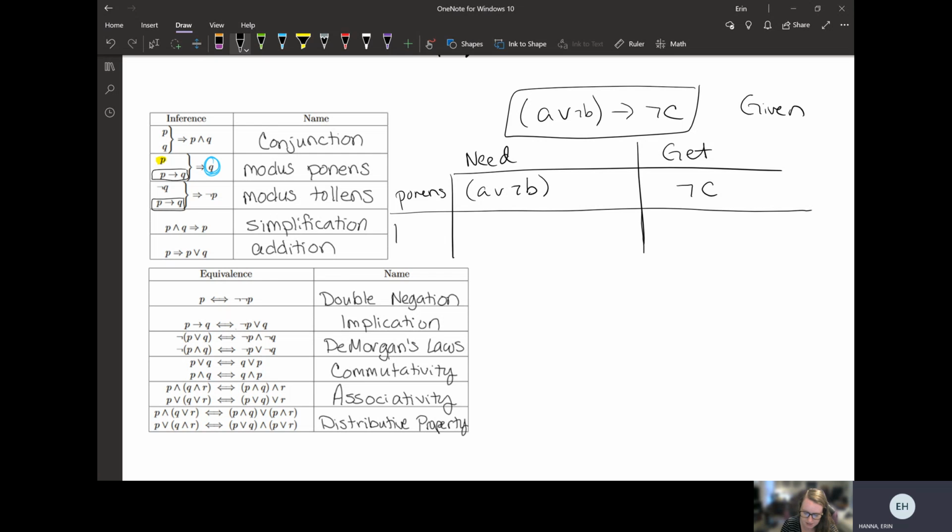Whereas what about modus tollens? With modus tollens, we would need not Q. So not the conclusion. So in this case, it would need not C, or otherwise you could be looking for C because those two things are equivalent. And what would we get? Well, modus tollens gets us not P, so the negation of the hypothesis.